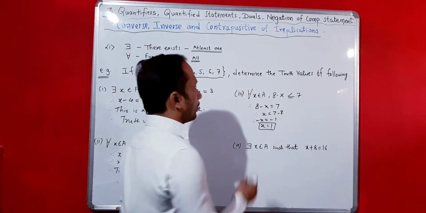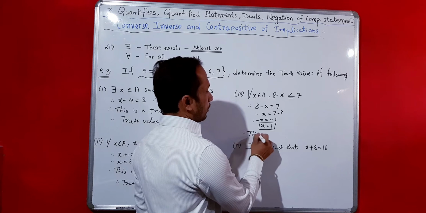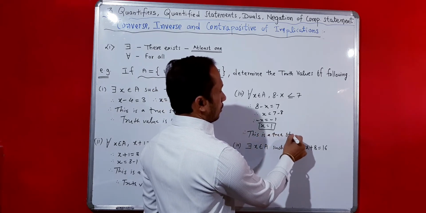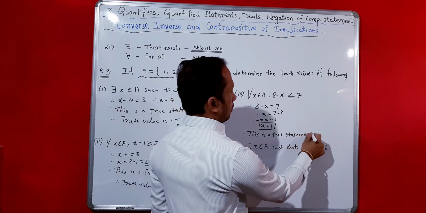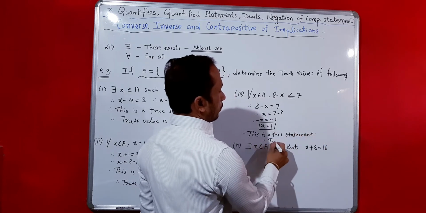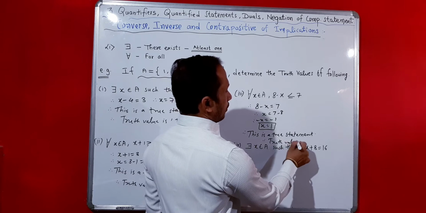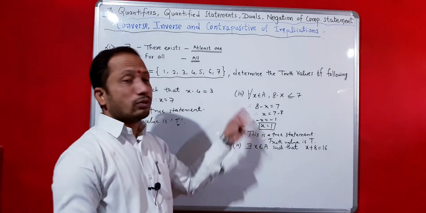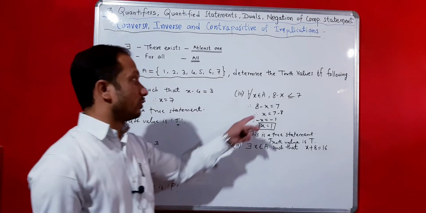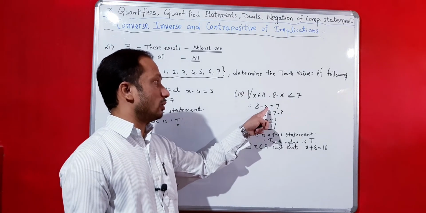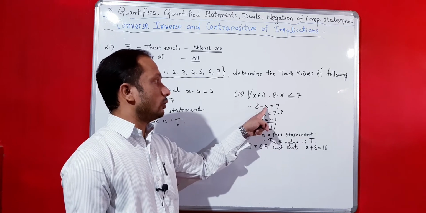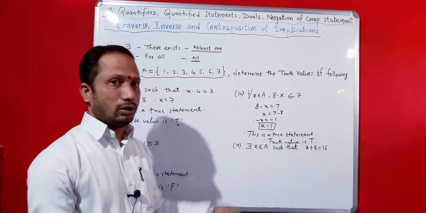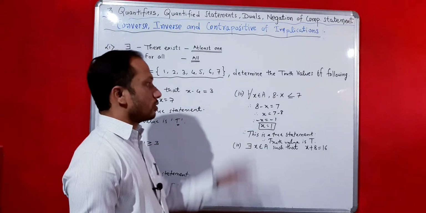So this is a true statement, therefore the truth value is T. You can write it in more depth also for more explanation if you want. Take x equal to 1, then 2 you'll get 6, then 3 you'll get 5, and so on. So this is a true statement.